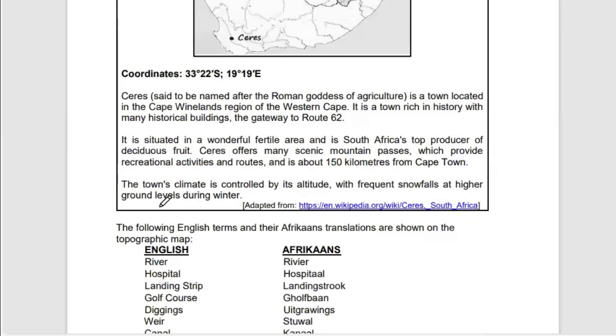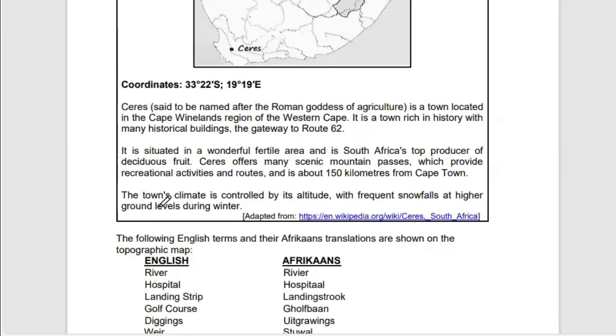And as usual, I encourage you to go through the map information, read through it and understand, because there might be some questions which require you to refer back to the map information, because that is where you get details about the mapped area in terms of its location, where it is located in South Africa, in which province, and also activities that happen in that area, its situation in relation to other features, and also some routes linking to it, be it railway lines or roads that pass through the mapped area.